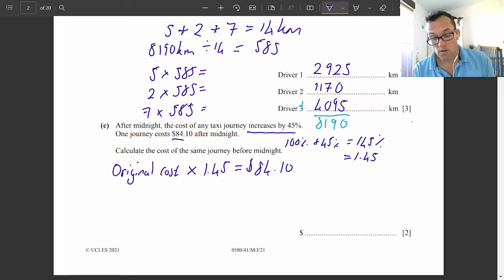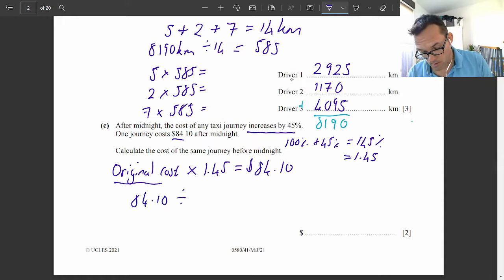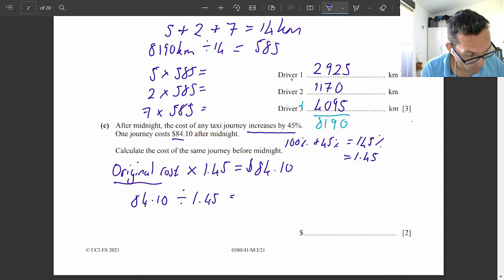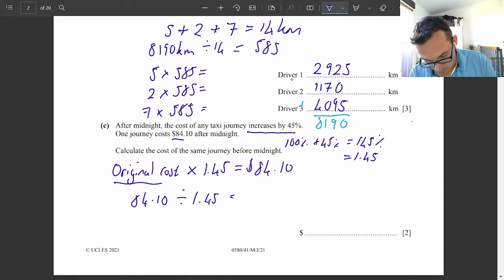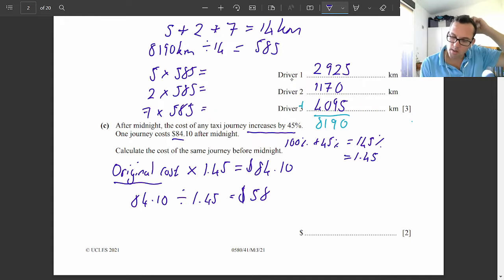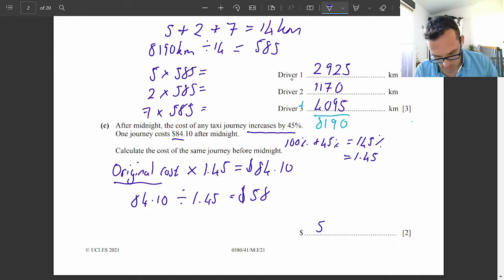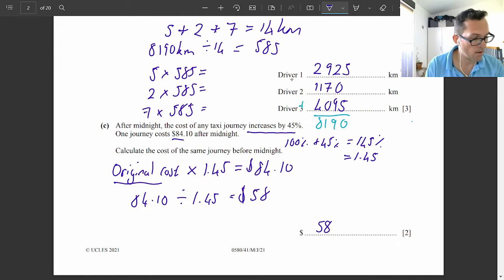So to get that original cost, we're going to have to divide by 1.45. So 84.1 divided by 1.45 is $58. Does this make sense? Yes, because we're working out the cheaper price before midnight, so it has to be less. It can't be more.